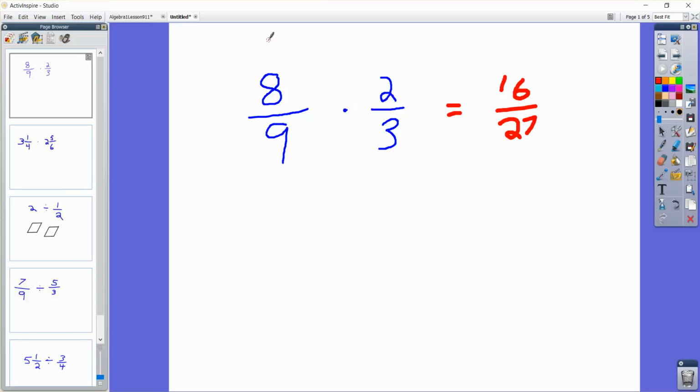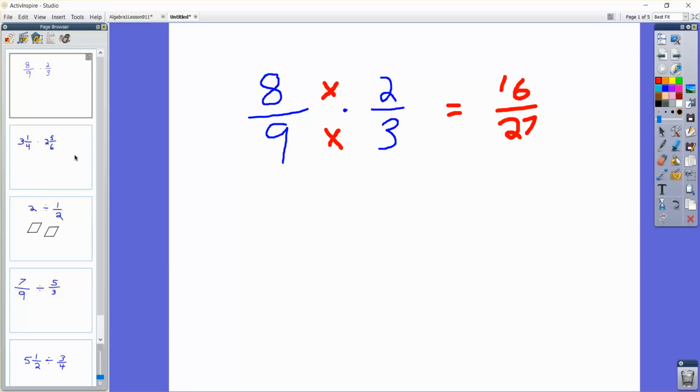But in this case, 8 and 3 don't have any common factors, 2 and 9 don't have any common factors, and the fractions don't have any common factors themselves, so the simplest form of this fraction will be 16 over 27. And that's that. So this example, again, is super easy. Just multiply top and bottom of the fraction, and there's your answer.